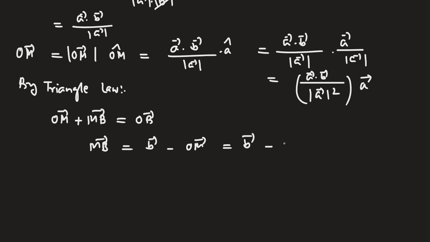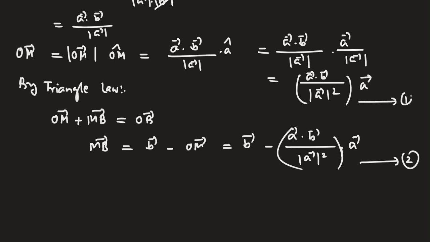So B vector is B vector, OM vector is A dot B by A square, then A vector. Here, not dot, this is the perpendicular component and this one is along the vector. So you know the A and B values. Therefore OM vector will be, just do the dot product A dot B, so you are getting 4 plus 3 plus 12 by 9 and then you have A vector.